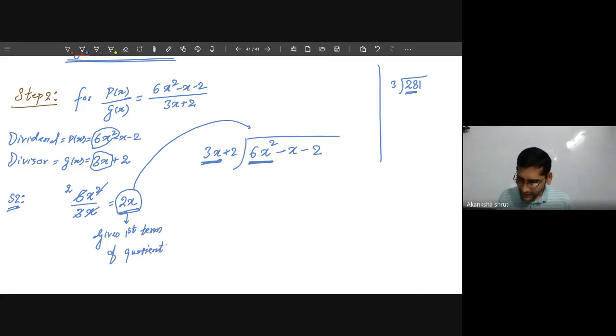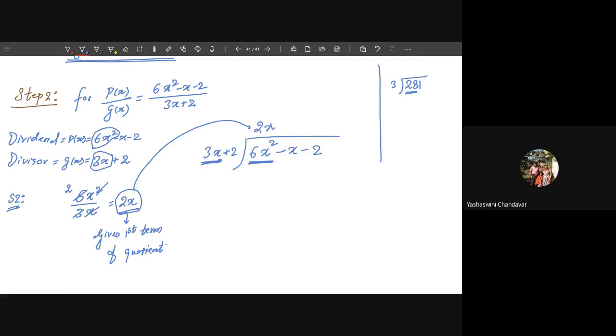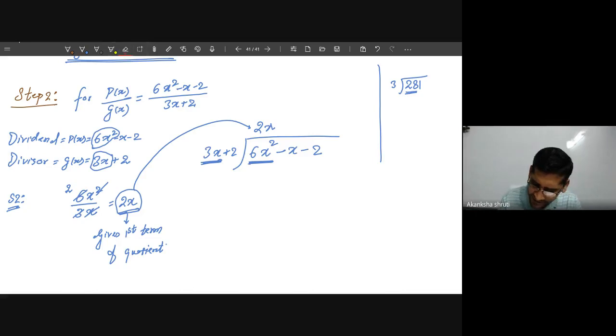Student, it is not the entire quotient, but it has given the first term of the quotient. So what do I have to write at the top? This 2x. Student, understand this carefully. If there is any doubt, I am telling you very slowly, so you can ask.